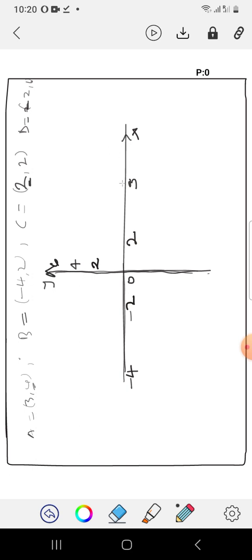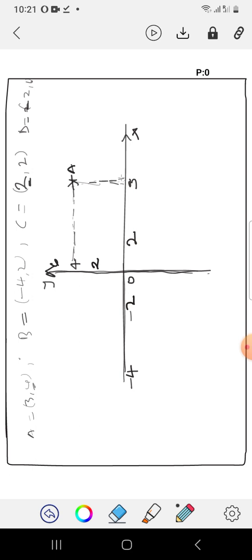Then we are looking at 3 here. Okay, let me use the black pen. So this is point A. All right, that's point A. I hope you are following me. I'm going to go as slowly as possible so that we will be able to understand what I'm doing.